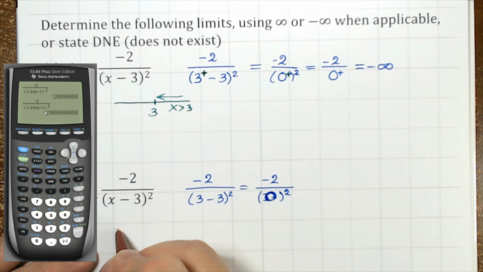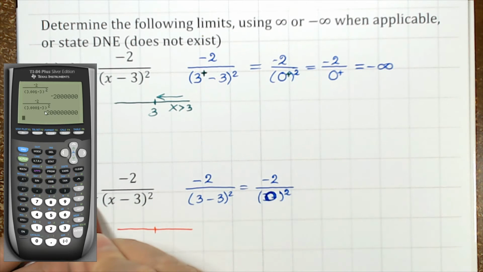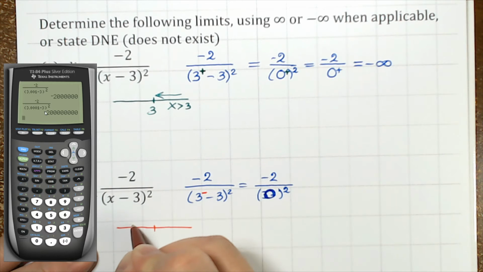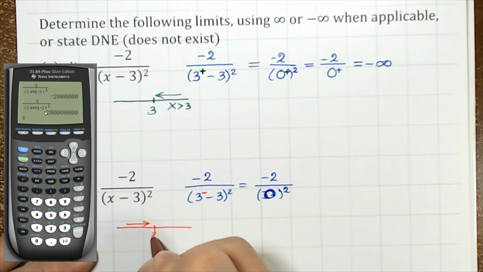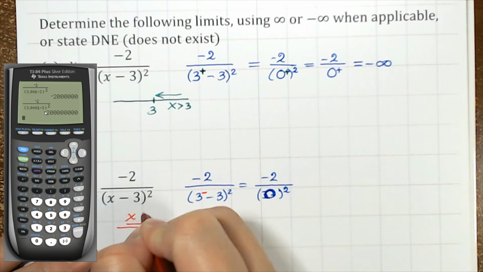Now this time the number is from the left hand side, so it is going to be less than 3.